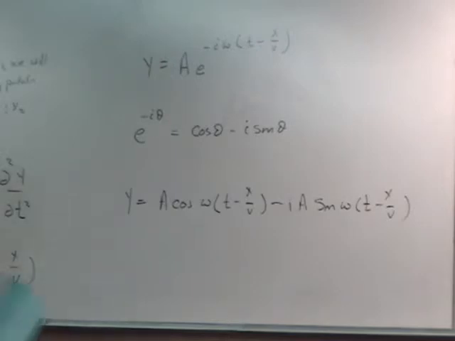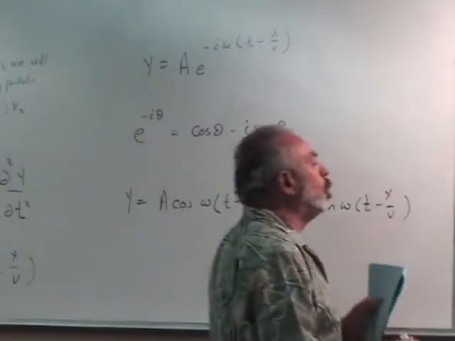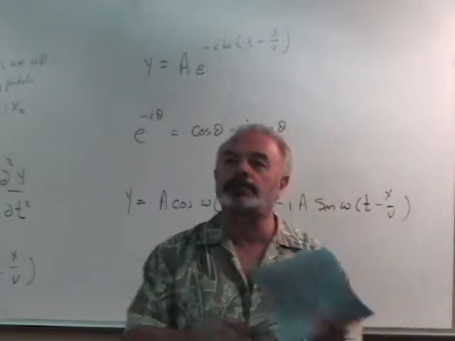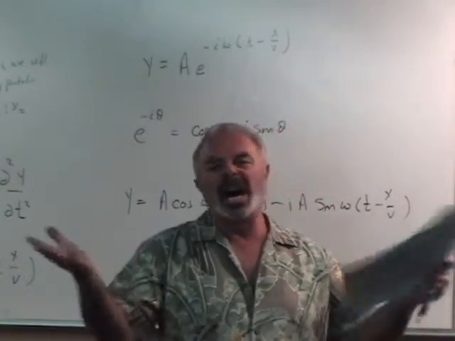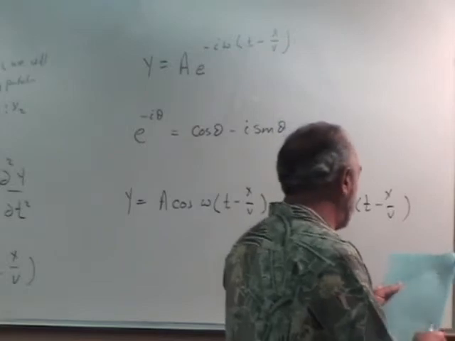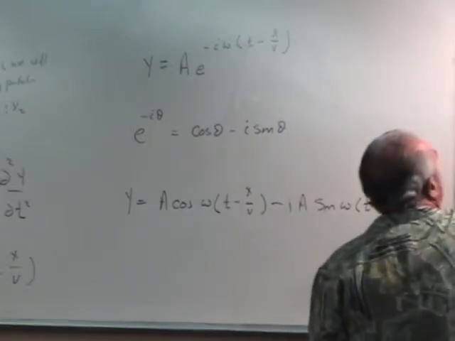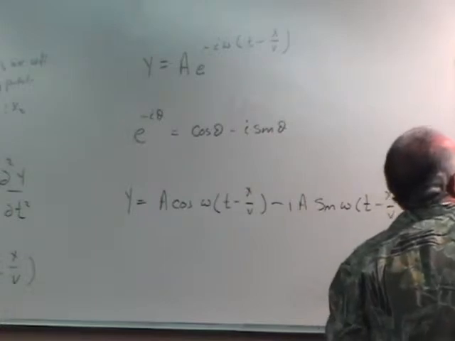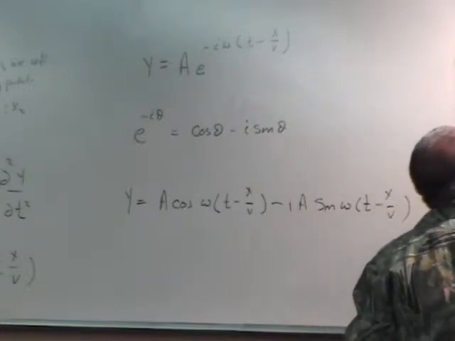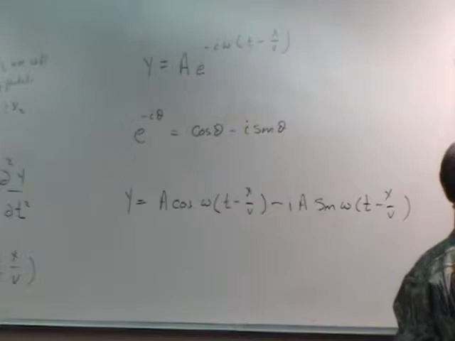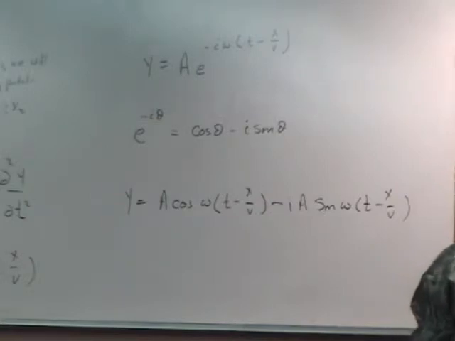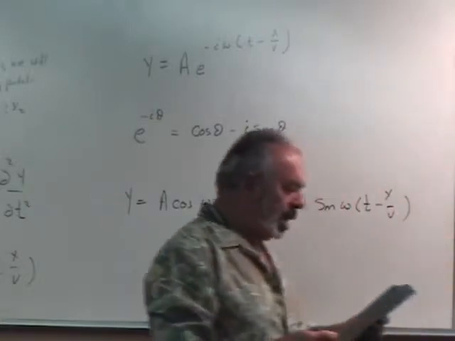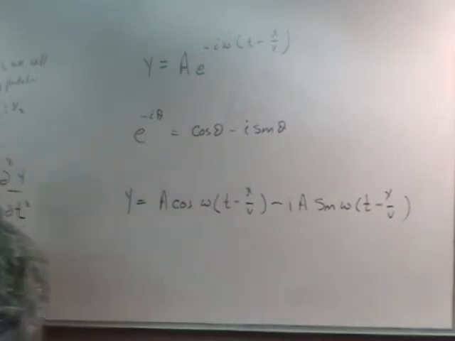So now I'm suggesting that a logical wave function, which would represent a standing wave and eventually the particle in the box, is going to be that psi equals A e to the minus i omega times t minus x over v, like this. Lovely. We've got a good start. We have a start here. What have we started? I don't know.